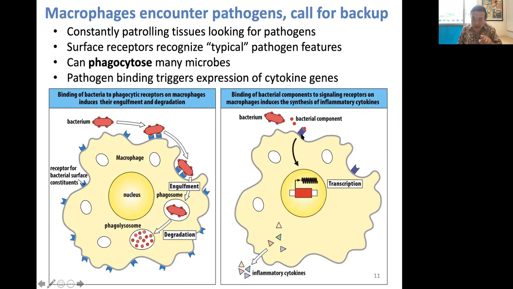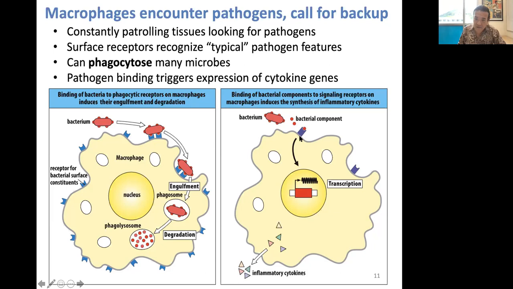In this particular case, this receptor recognizes certain molecules that are shed by the bacteria. So the bacteria is still floating around over here, but it's releasing these little red dots, which are bacterial components that are sort of like telltale evidence that bacteria is present. So the macrophage might have receptors that just simply receive this three-dimensional little shape.